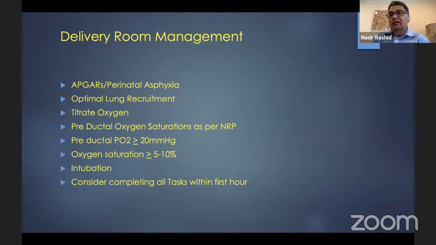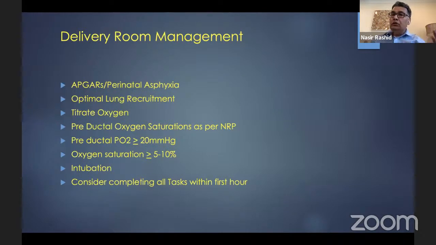That person, whoever is in the delivery, will make sure that there is optimal lung recruitment. So if the infant needs CPAP, you do the CPAP. If the infant needs PPV, you do the PPV. You titrate the oxygen that is being delivered to this infant in the same way as it is outlined in the NRP. You don't start with 100% oxygen.